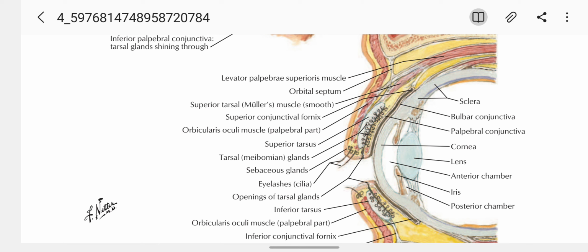The palpebral conjunctiva is thick, opaque and highly vascular, whereas the bulbar conjunctiva covers the sclera. It is thin, transparent and loosely attached to the eyeball. Over the cornea, it forms the anterior epithelium of the cornea.